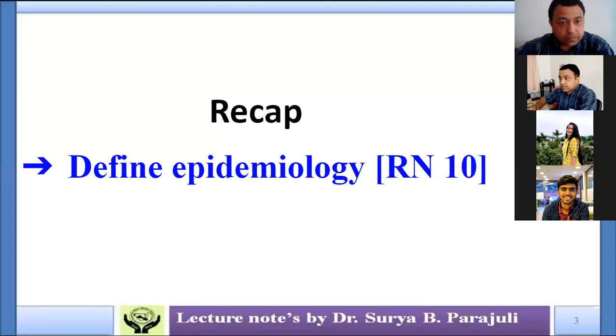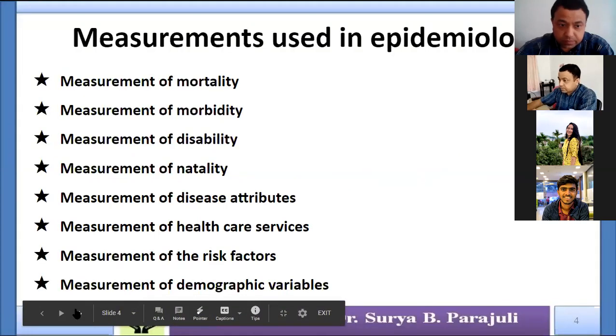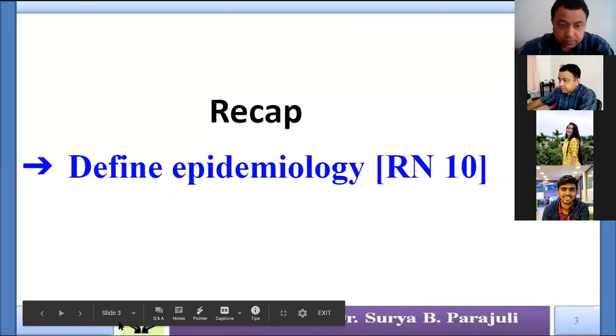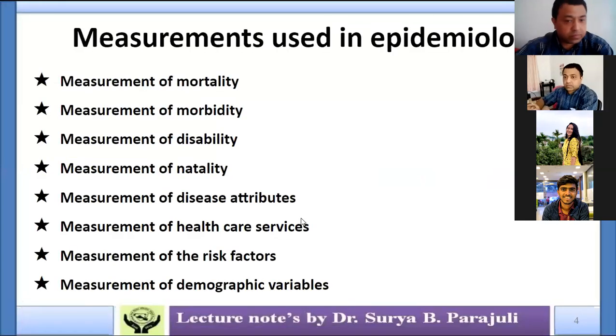It's basically how disease is distributed in a specific population or community. According to the study and its application, you can easily control the disease in the population.